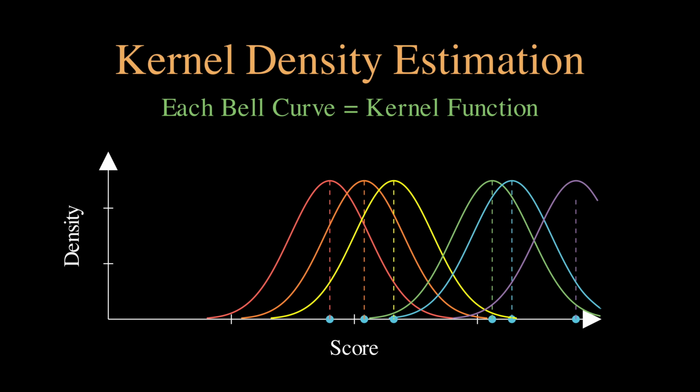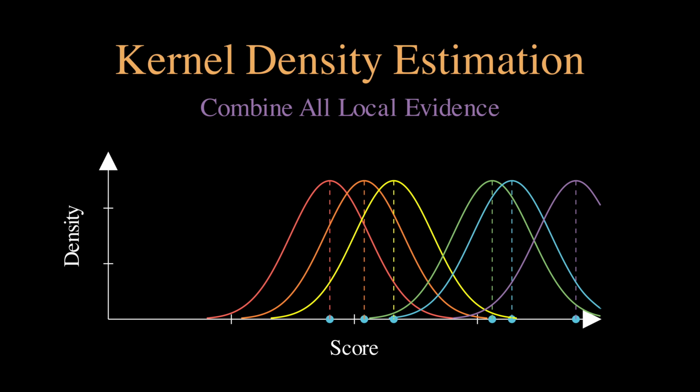Now, here's where the method becomes truly powerful. Each of these individual bell curves represents what we call local evidence for finding students with various scores. The student who scored 78 provides strong evidence for finding other students around 78 points, moderate evidence for students scoring around 70 or 85 points, and very little evidence for students scoring 45 points.